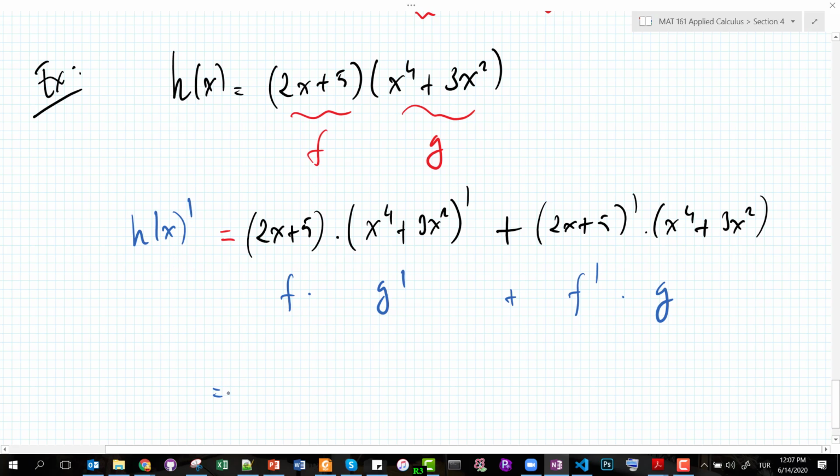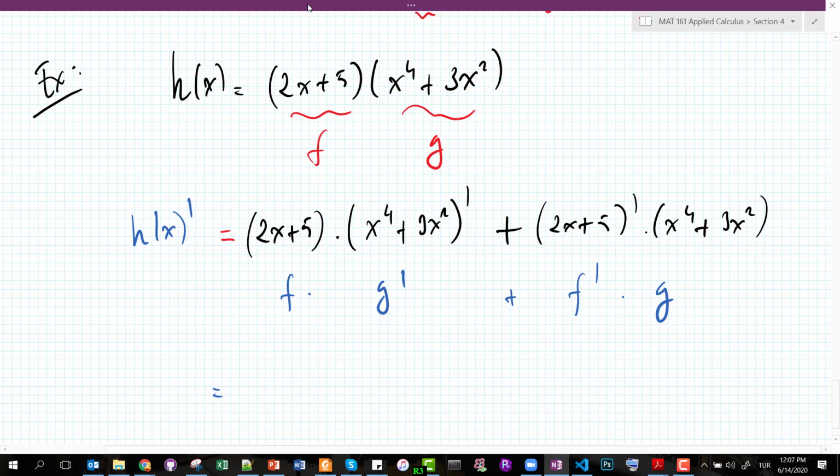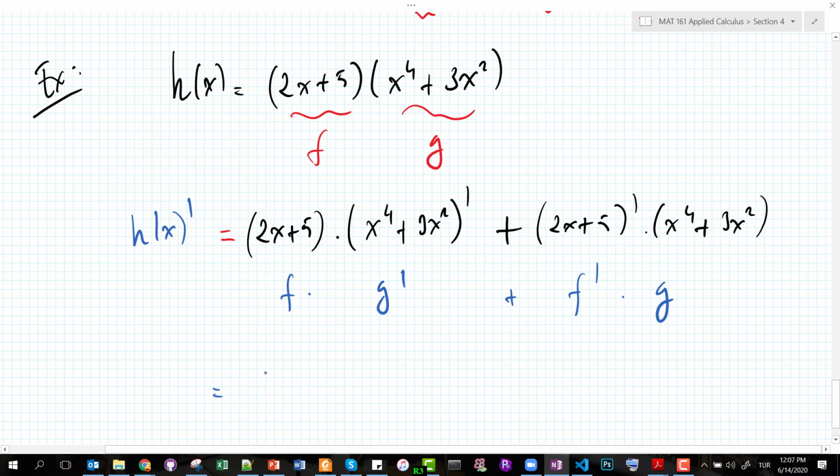So let me apply the other rules we have learned to take the derivative of this multiplication, since the derivative of g prime will require you to use the other rules. I'm going to keep the first one the same, 2x plus 5, and then the derivative of the second one is equal to 4x cubed plus 6x using the power rule.